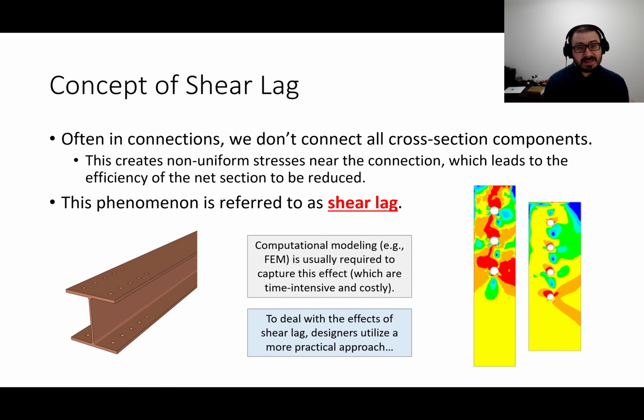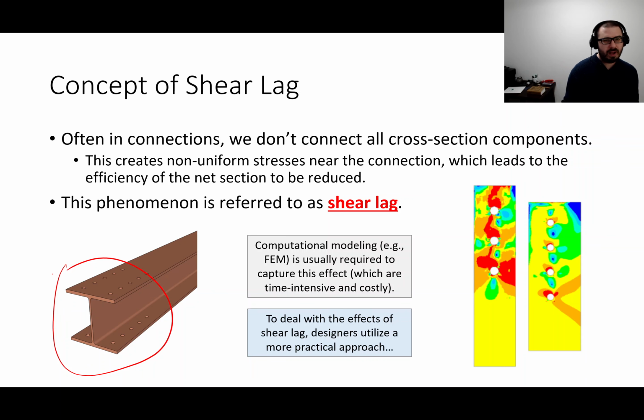Now, the reason we call this phenomenon shear lag is because if we look at a situation like this, where we have some of the cross-section components connected and some of them not, what happens is as you yank on this member, you are directly applying load to the flanges, but the web's not seeing that load directly at the connection.